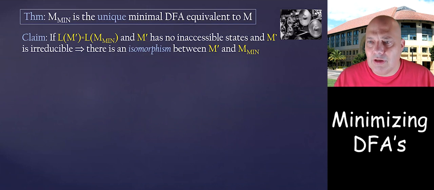Isomorphism is something that we'll formalize soon, but essentially it's just a mapping of names. You're replacing the name of states, and you can move from one to the other.